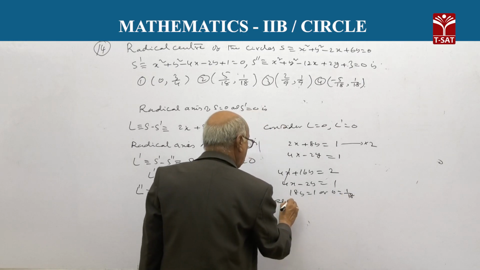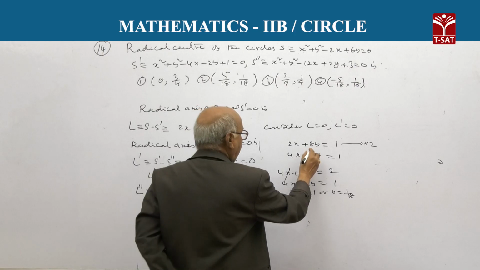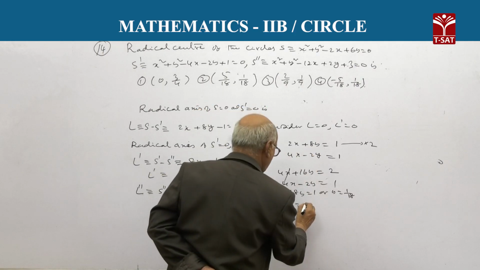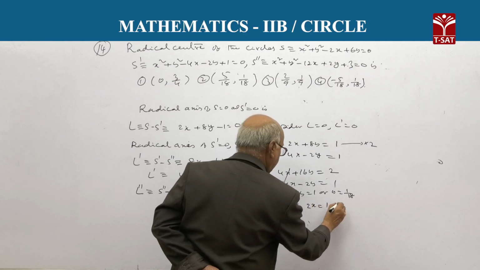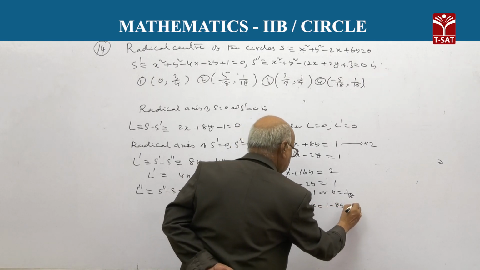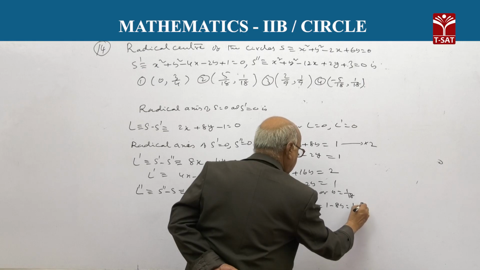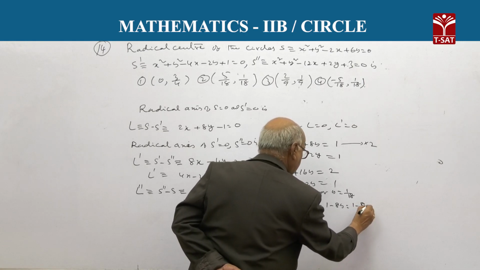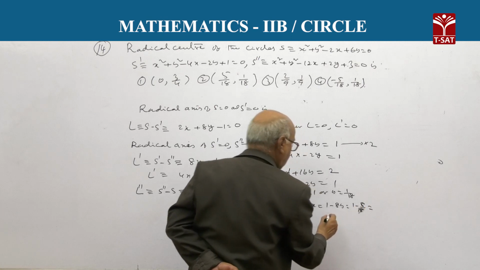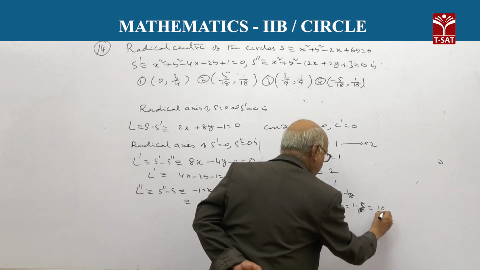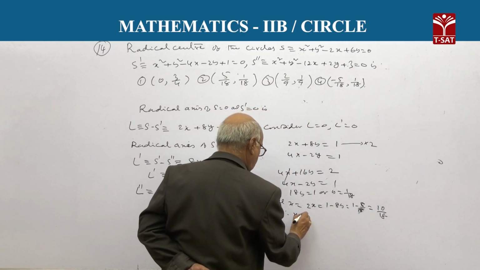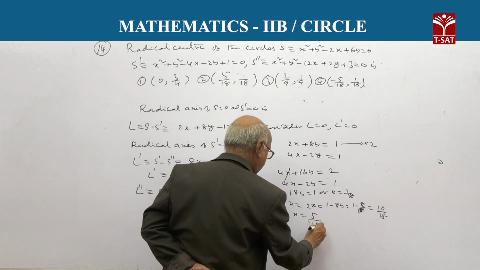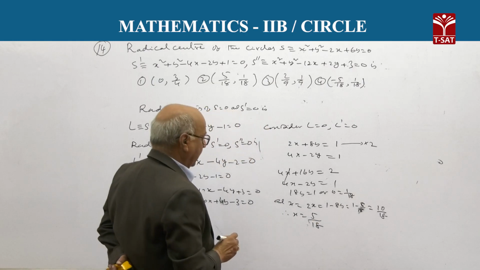So when 2x is equal to 1 minus 8y, that means 1 minus 8 by 18, which is 10 by 18. So therefore, x is equal to 5 by 18.